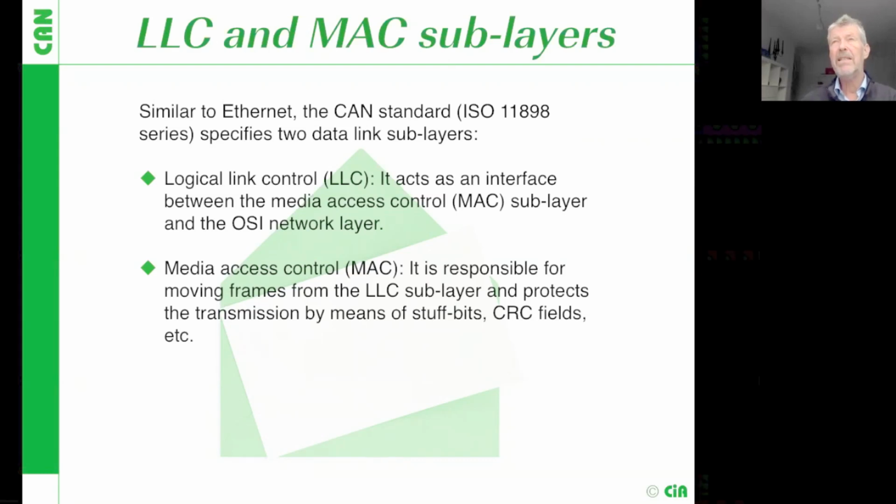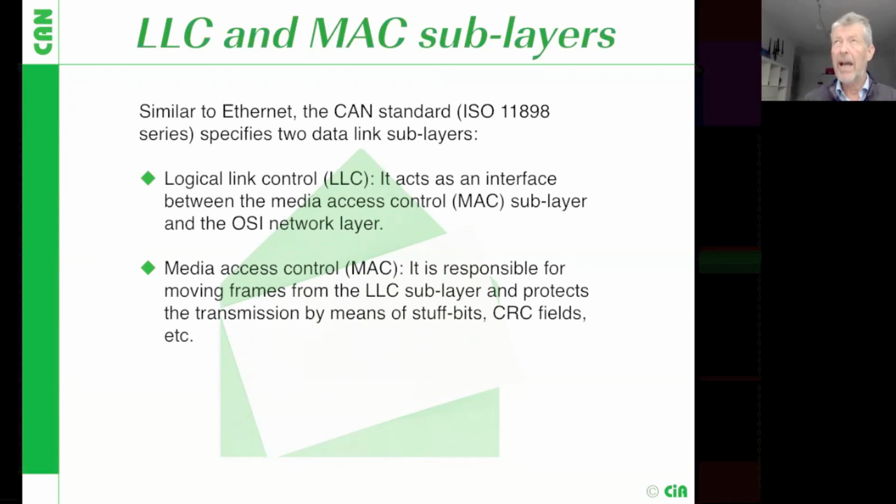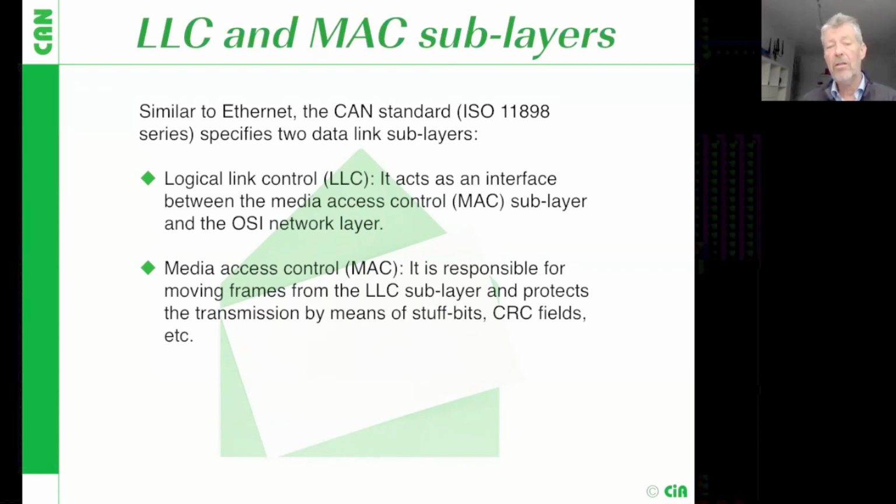So to say, this is our software interface, which we use when we get in from the next higher layer, the service data. And we have the other sublayer of the data link layer, which is called media access control.